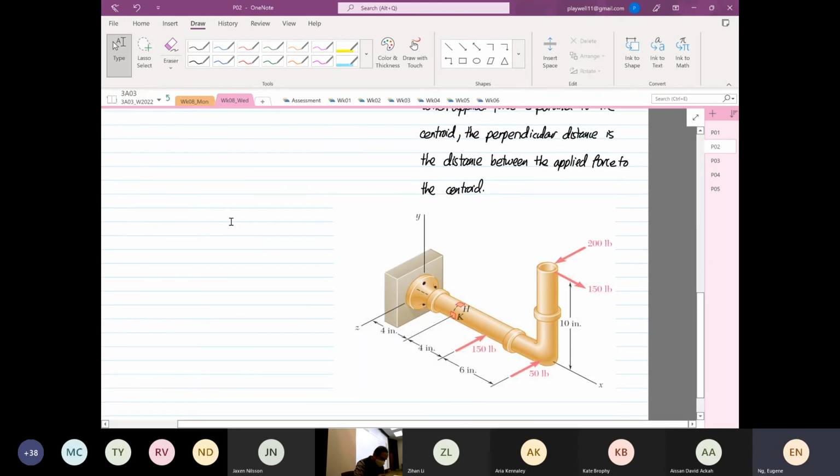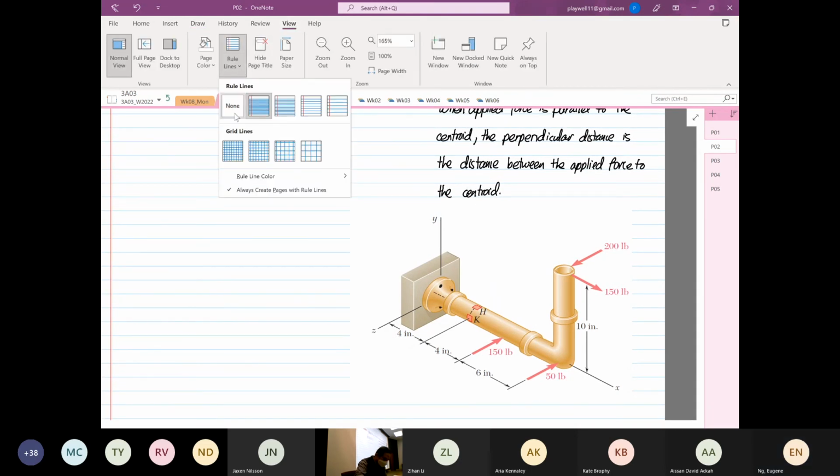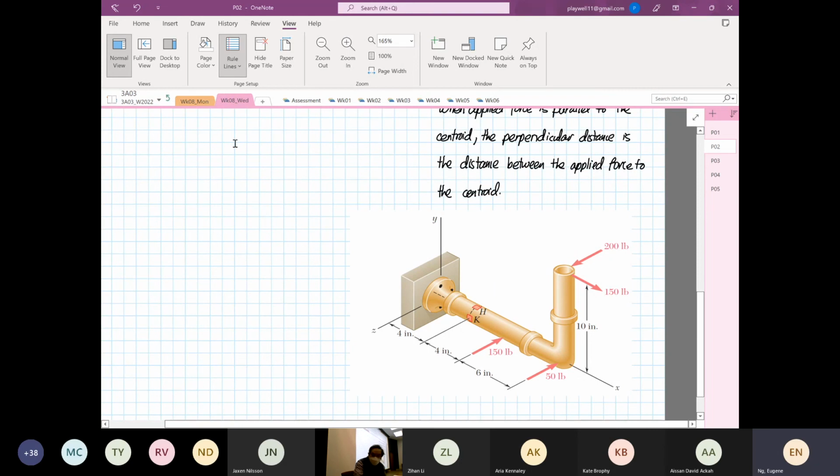So now we are going to view in the, oh, someone online has a question. Hold on. Oh, okay. The question was answered. So now we are going to look at the XZ plane.